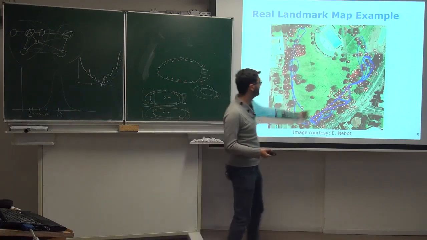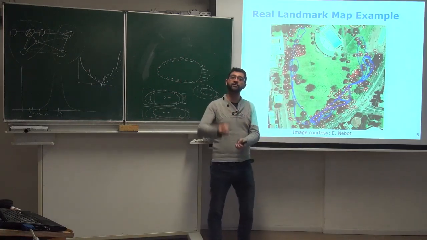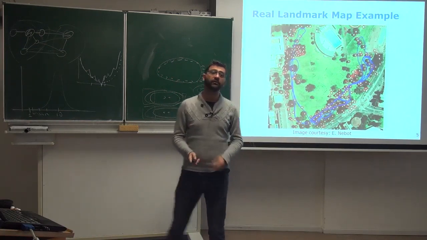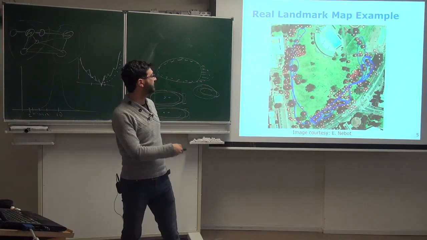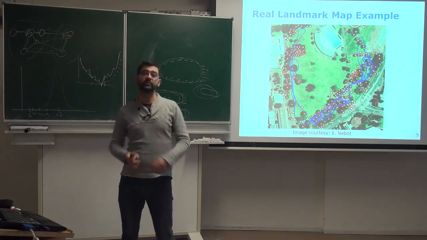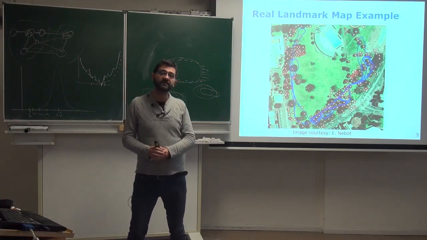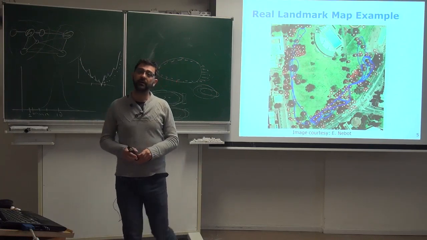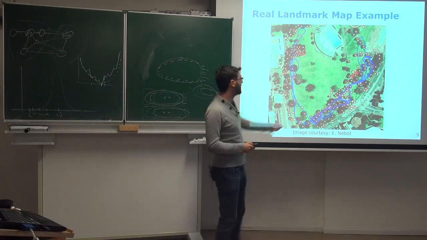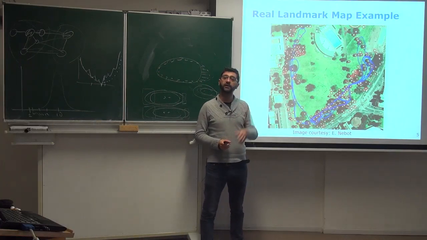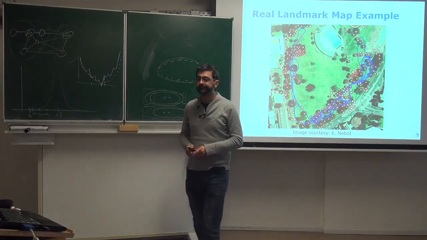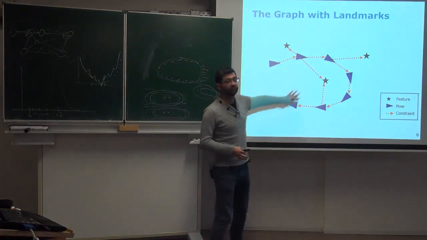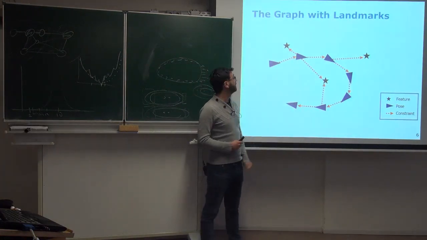But in principle, you can get the center of the trunk and abstract this as a point in the real world. And I think we also saw these figures when we were talking about the Kalman filter and FastSLAM. So landmarks have been used a lot in the community because it's a very nice abstraction of a material point in the world.